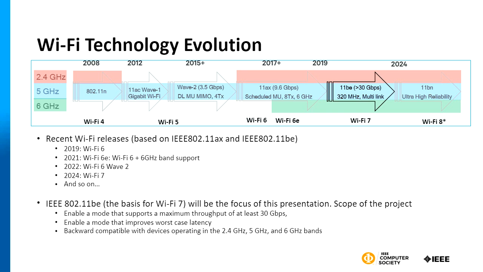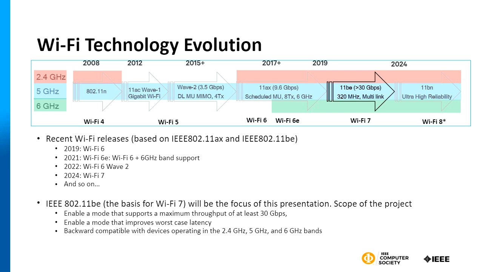And then, which is going to be the focus of today's presentation, Wi-Fi 7, which is being finalized as we speak, in 2024. And the next trend is going to be covered under the 802.11be and ultra high reliability umbrella. So Wi-Fi 7, which is based on 802.11be, is going to be the focus of this presentation.